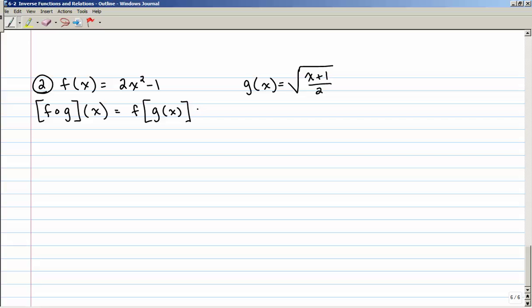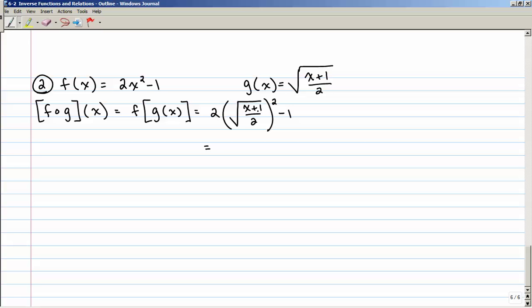That's okay, we can do this. So 2 times x, and remember this whole thing goes in for x, the square root of (x plus 1) over 2, squared, minus 1. So this is basically 2x squared minus 1. Looks nasty, but it's really not that bad.